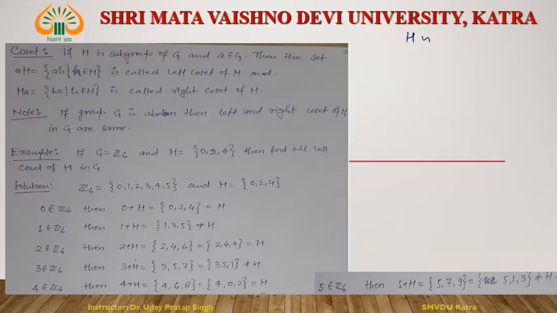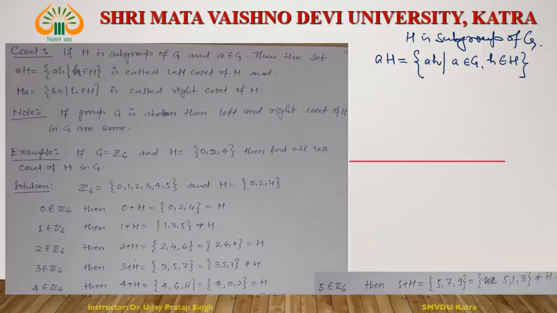If H is a subgroup of G, then coset is defined as follows. aH, where a belongs to G and h is an element of capital H. The collection of all the elements of the type ah is denoted by the set aH, and this is known as a coset. a operated from the left side of H, then this coset is known as left coset.